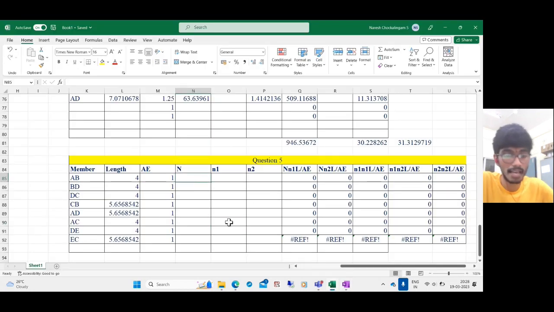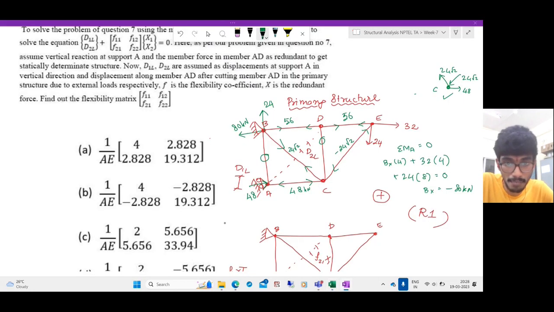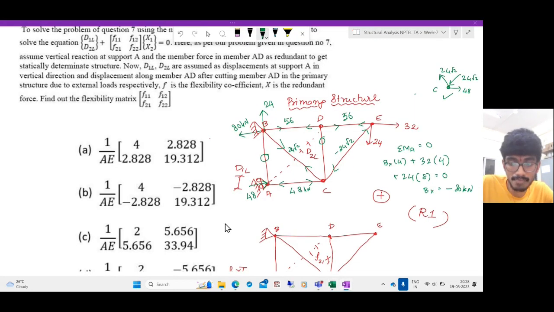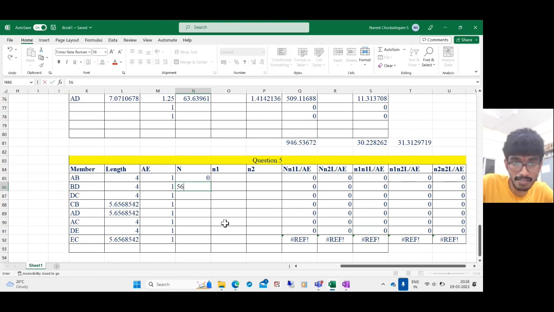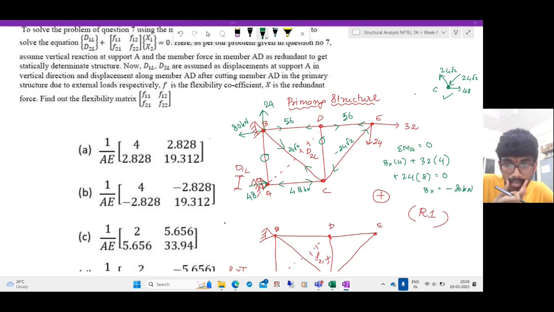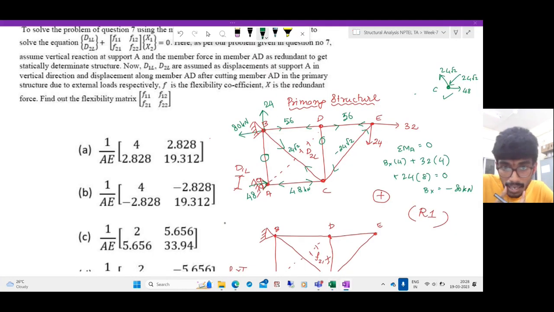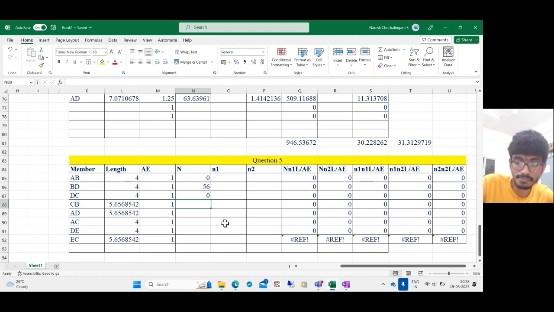The real force in the member AB is 0. PD is 56. DC is 0. CB is 24 root 2.